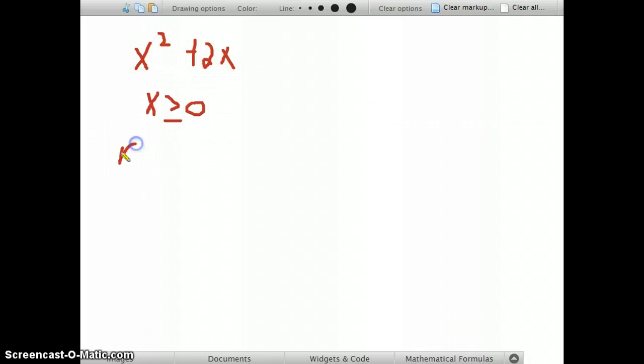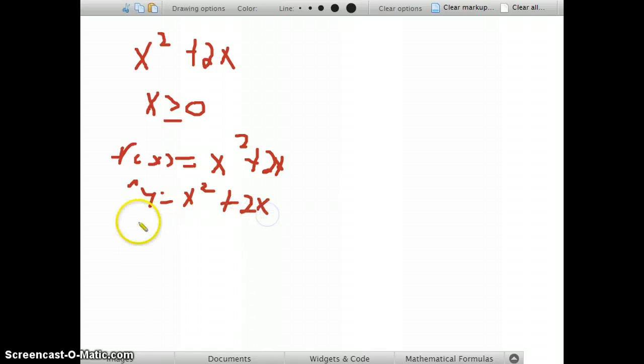So for a quadratic, I would just write f of x equals x squared plus 2x. And then by doing this, y equals x squared plus 2x. X equals y squared plus 2y.